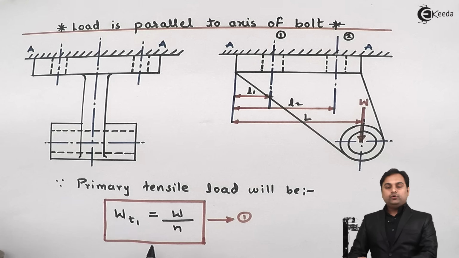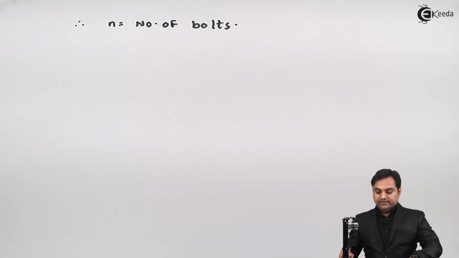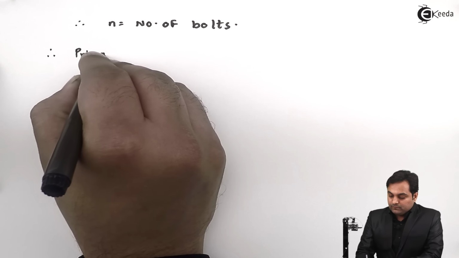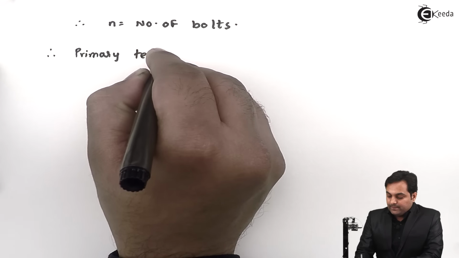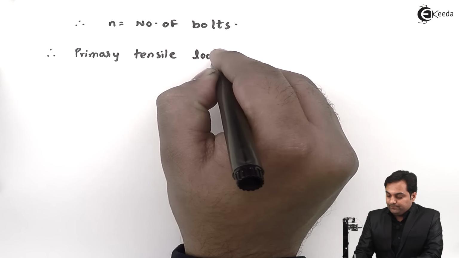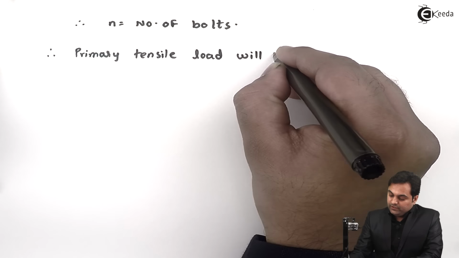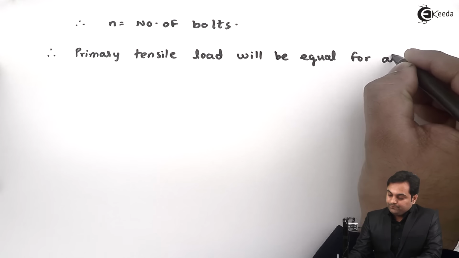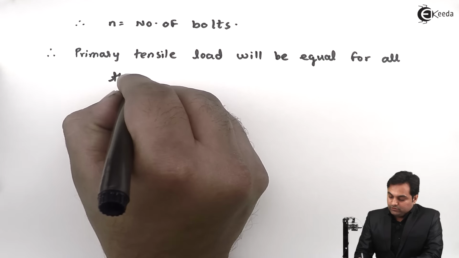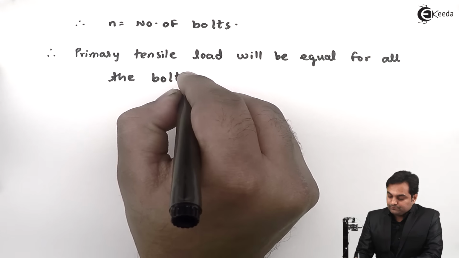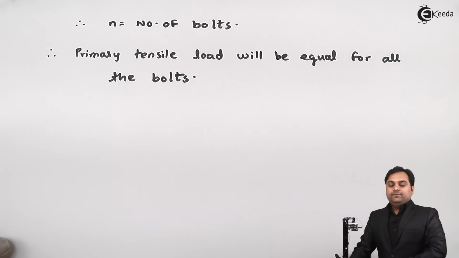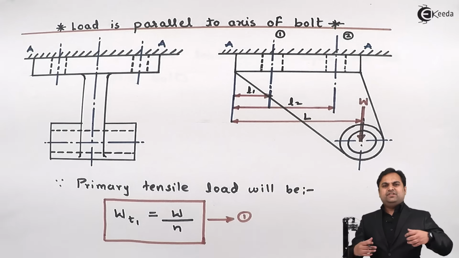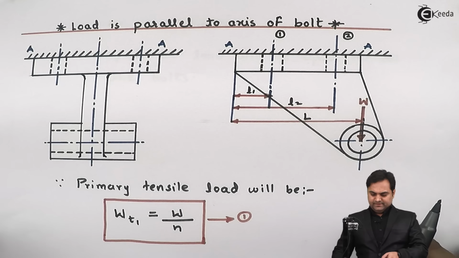So the primary tensile load will be equal for all the bolts, and because of the primary tensile load, the bolts would be failing under tension, that is, they would be stretched and then they will fail.